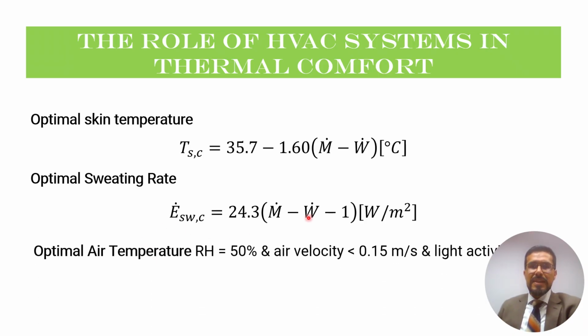For example, in this case, for a humidity of 50%, air velocity lower than 0.15 meters per second, and light activity, the optimal air temperature is going to be given by this relationship that depends on the clothing resistance of the person.